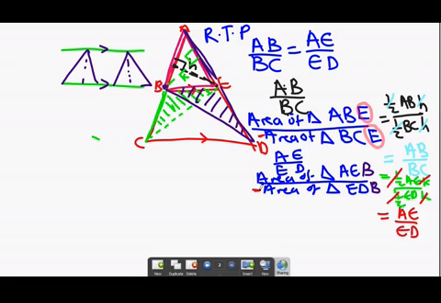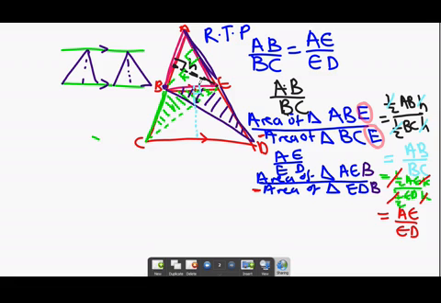And the reason why the area of BCE, the one in green, is the same as the area of EDB, is that these two triangles are between two parallel lines. Now, if I was to draw a perpendicular line, the perpendicular height between those two parallel lines is that one. So they have the same perpendicular height.